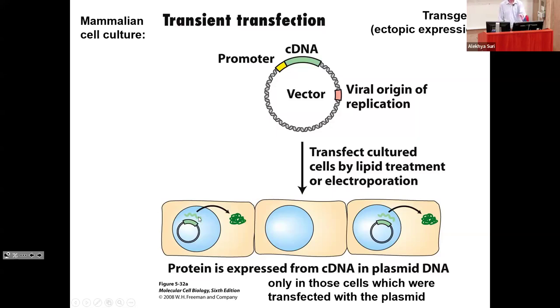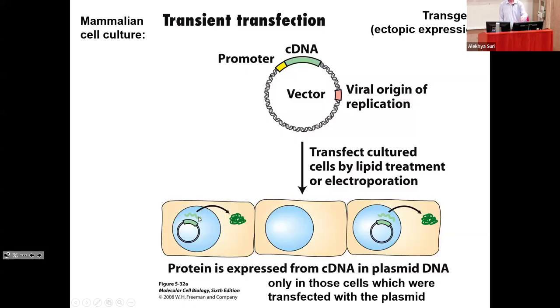But usually it's just bringing in a piece of DNA that's expressed. And there are two ways: transient transfection, or a plasmid that you bring in that is stable, maintained. For transient, only certain cells will obtain the plasmid.